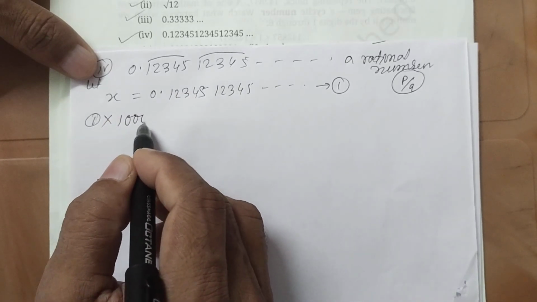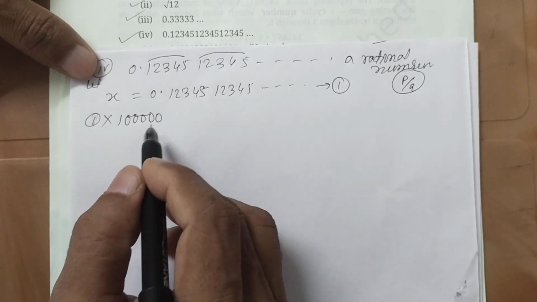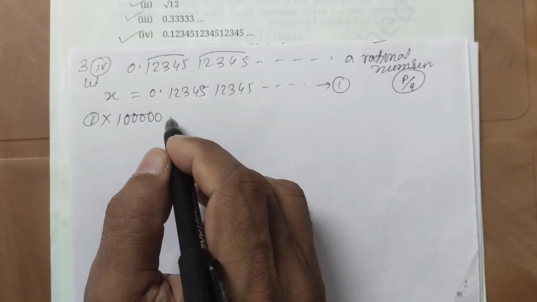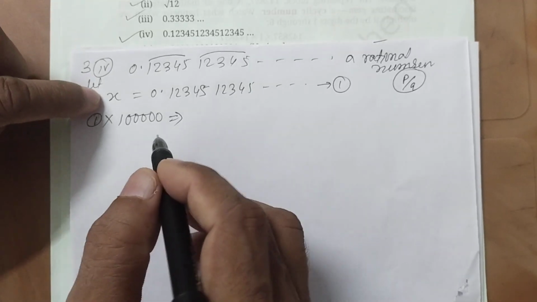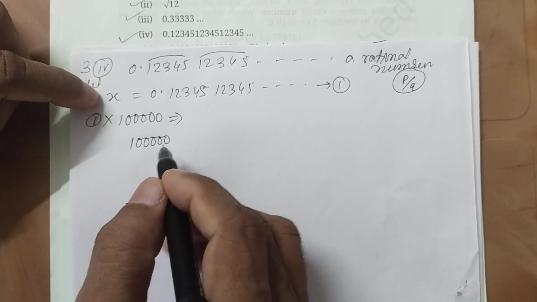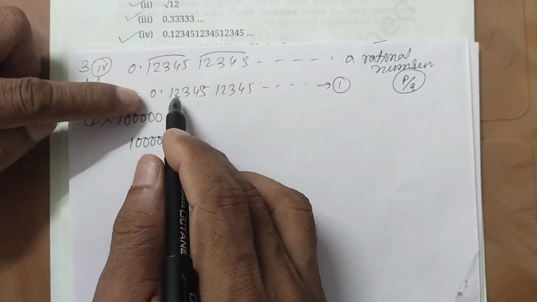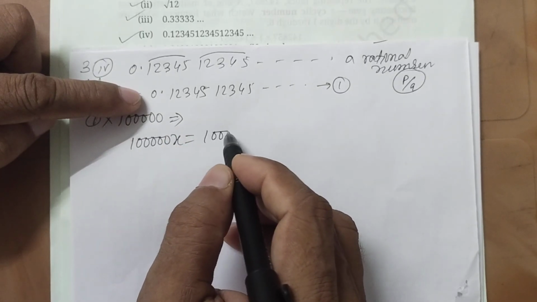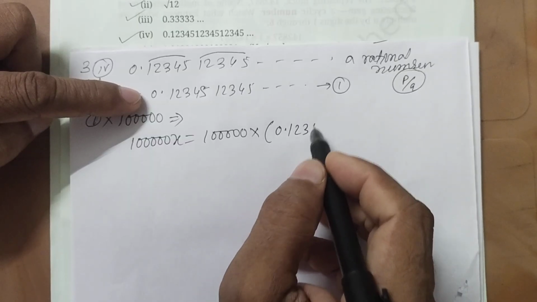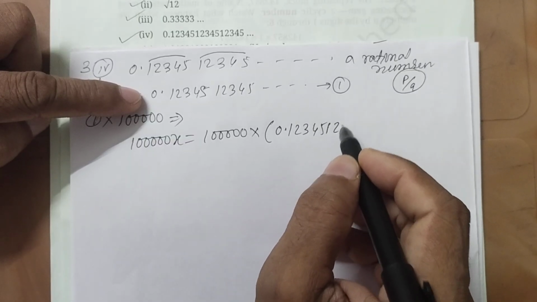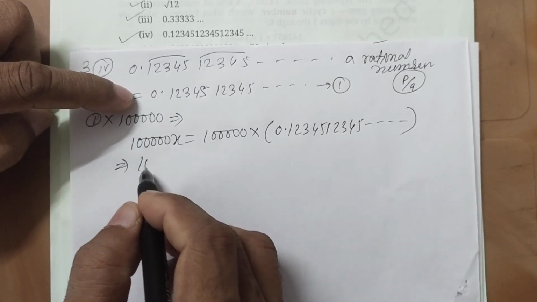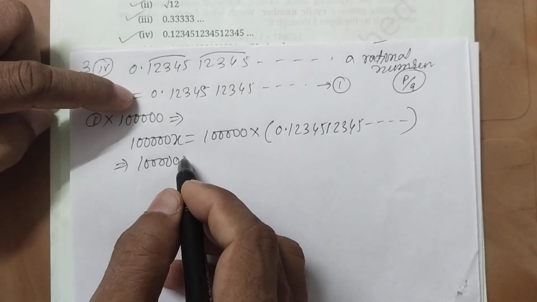So we'll multiply by 1 and 5 zeros. That means 1 lakh on both sides. Then what we will get here? 1 lakh, 1 and 5 zeros, x. And on the right side, when we multiply by 1 and 5 zeros, 0.12345 goes on, and then the left hand side will remain the same, 1 and 5 zeros.